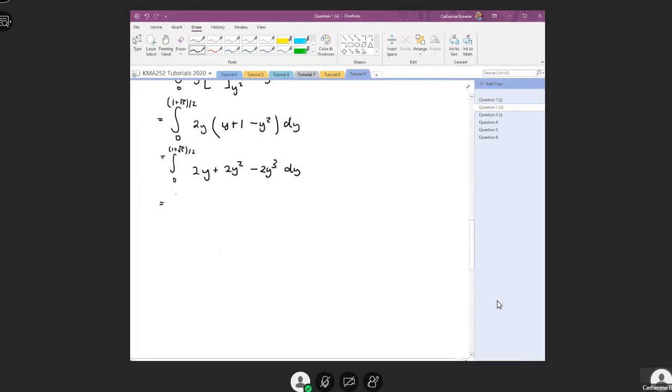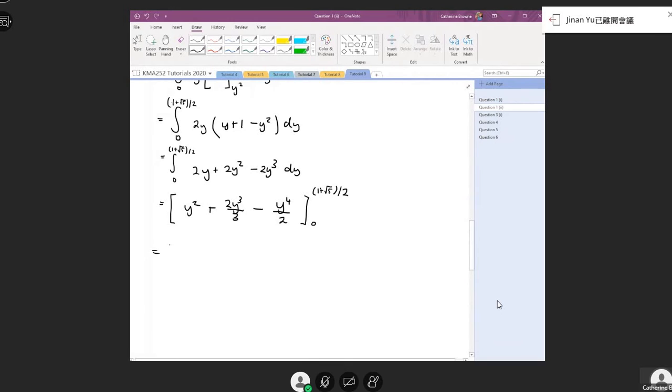And then polynomials are pretty easy to integrate, so we get y squared plus 2y cubed on 3 minus y4 on 2. And then we just have to sub in those limits again, as we've been doing.